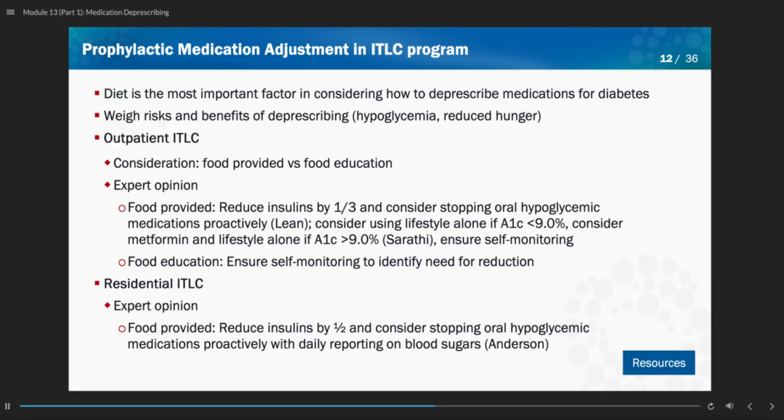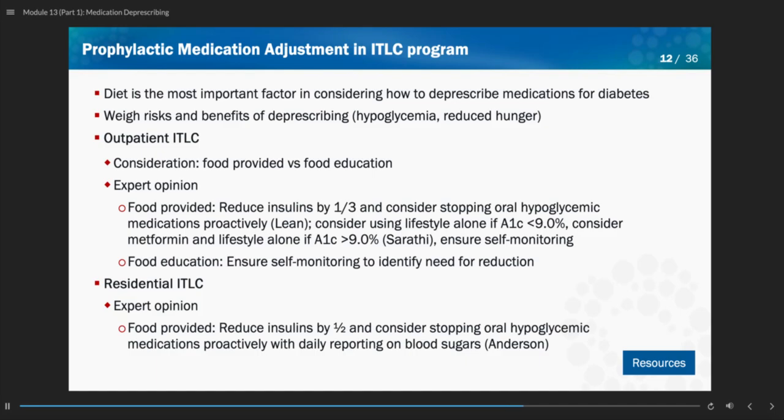This is similar to what was done by Lean and colleagues in the DIRECT trial, where patients' food was completely replaced for about 3 to 5 months after they had been newly diagnosed with diabetes. All anti-diabetic medications and all hypertensive medications were discontinued on day 1. However, none of the patients that were included in this trial were initially on insulin.